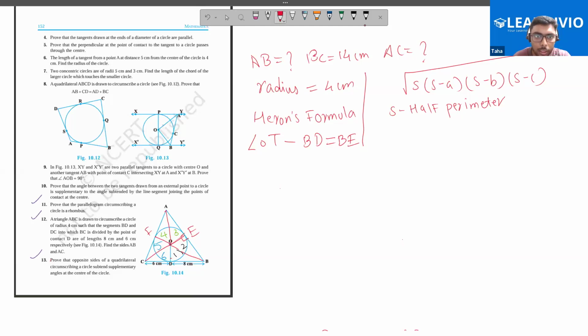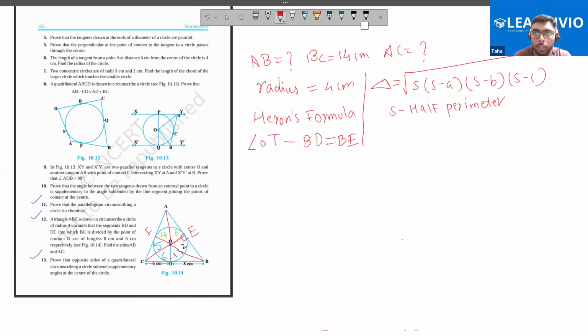In the triangle, we know 8, 4, but we don't know OB. So if we equate it with... This is going to be the area of the whole triangle, right?